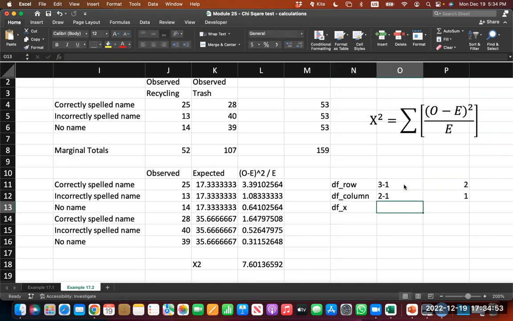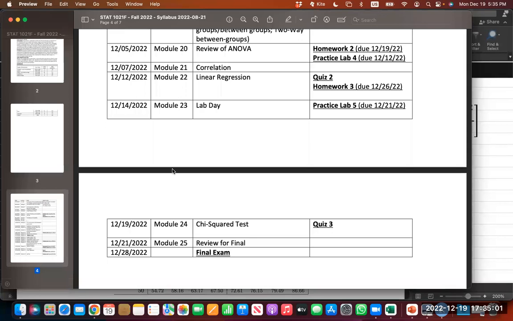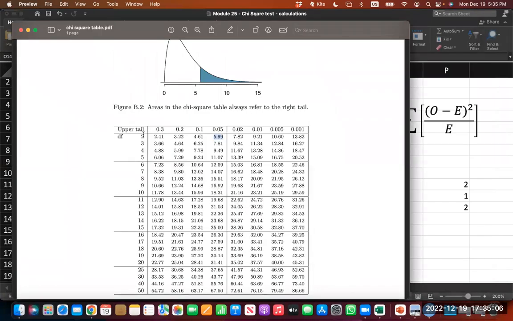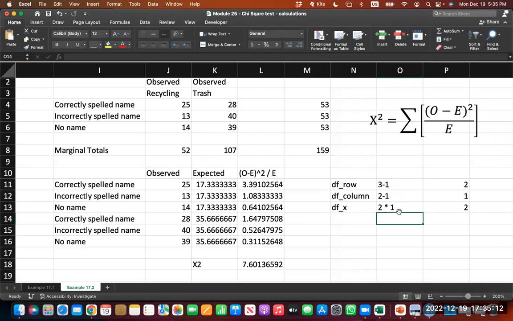Degrees of freedom is 2 multiplied by 1, that's 2. Then you just need to go into your table, finding 2, 5% alpha, that's 5.99. Okay. So critical chi-squared, 5.99.